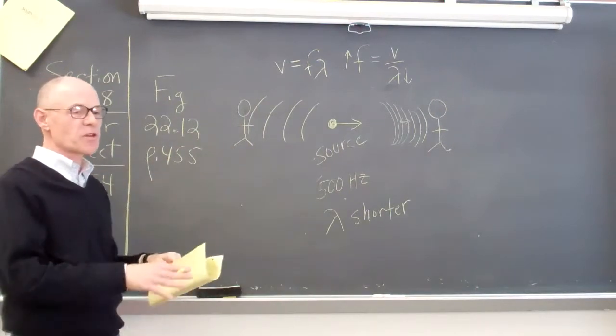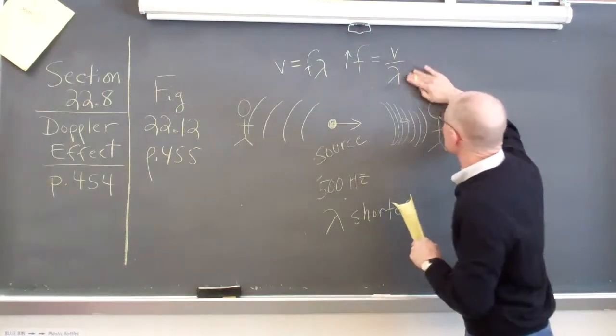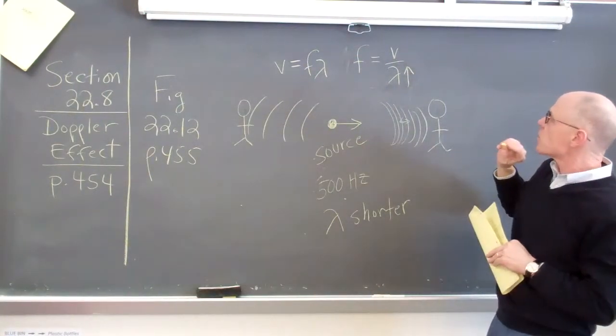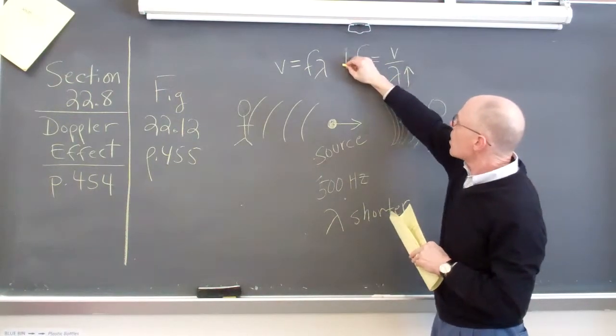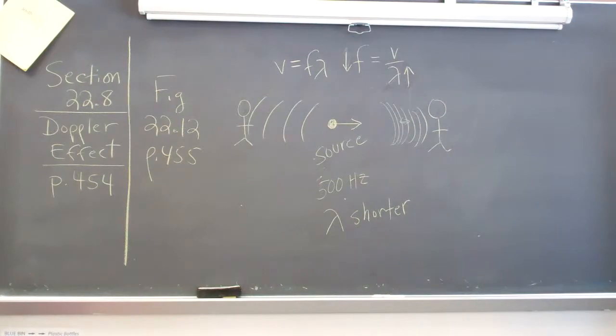So this observer is perceiving a longer wavelength. In this case, a longer wavelength, dividing by a bigger number, causes the frequency heard to be smaller. So that's what we mean by the Doppler effect and why it occurs.